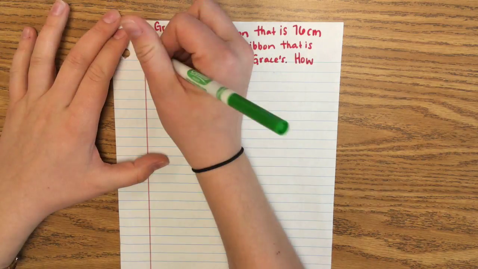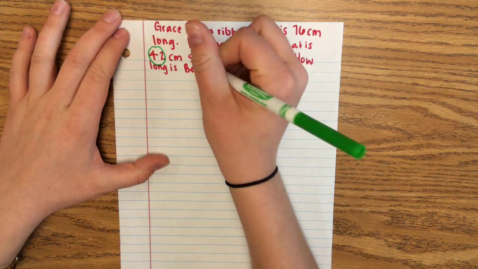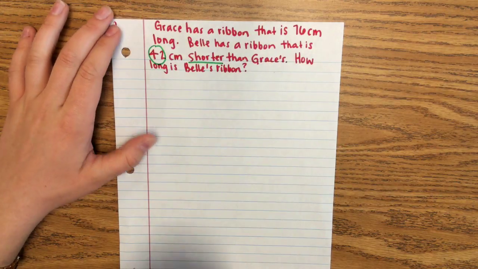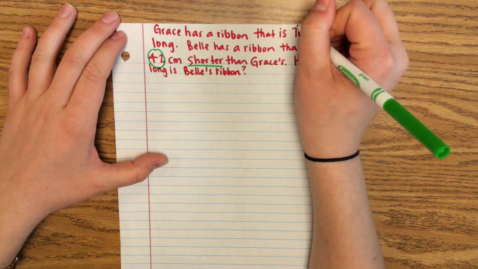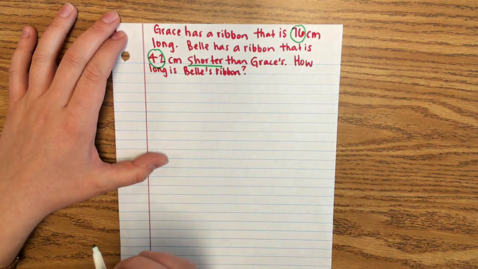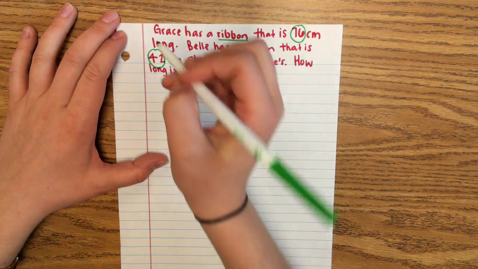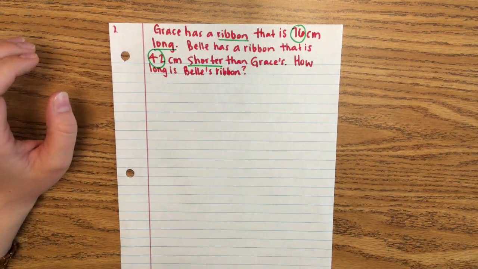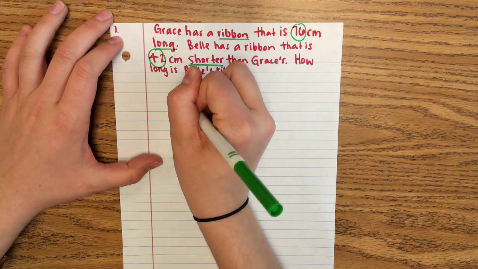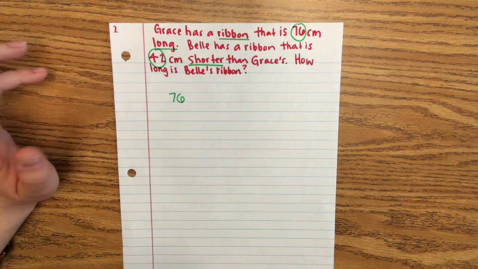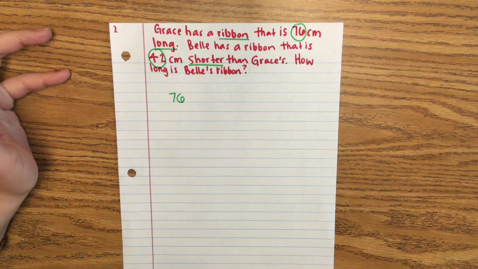I know that she has 42 centimeters that is shorter than Grace, and that Grace has 76 centimeters of ribbon long. So I know that I'm starting with Grace has 76 centimeters. And I don't know exactly how many Belle has.